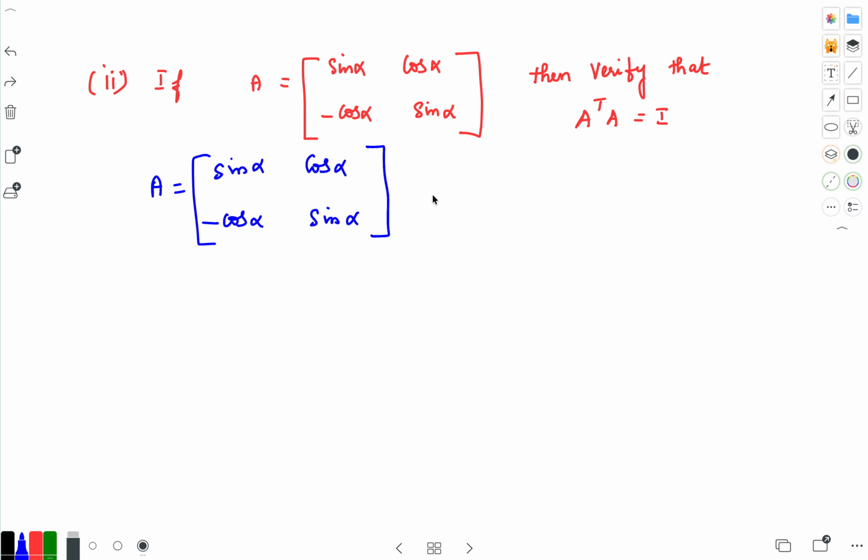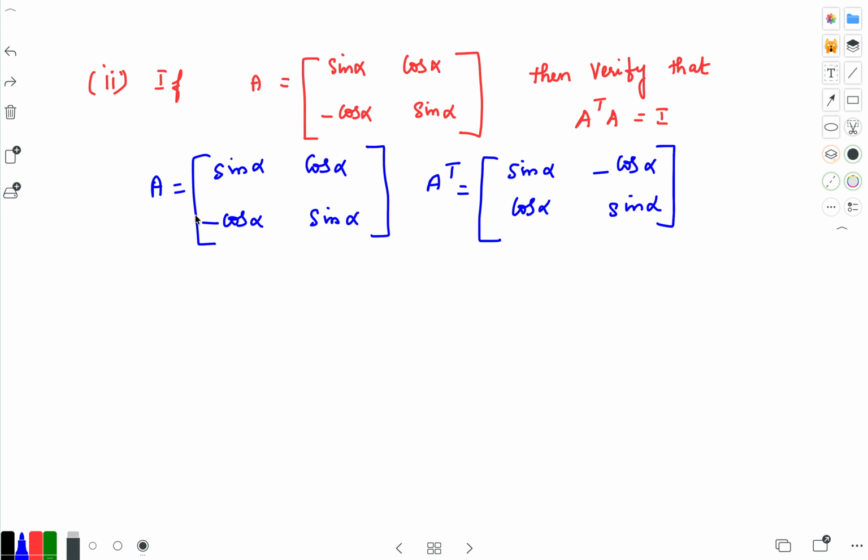A transpose is interchanging rows and columns of the given matrix. First row as first column: sin alpha, cos alpha. Second row as second column: minus cos alpha, sin alpha.